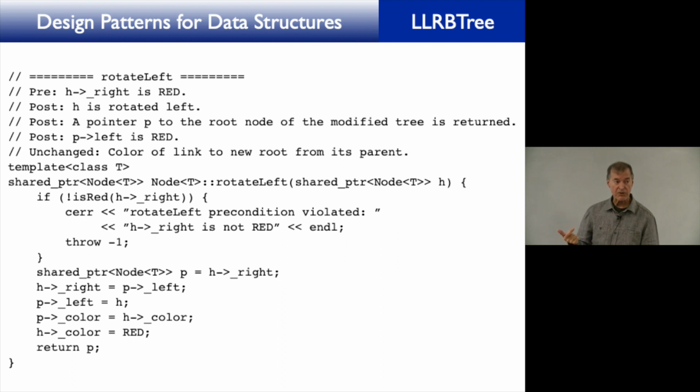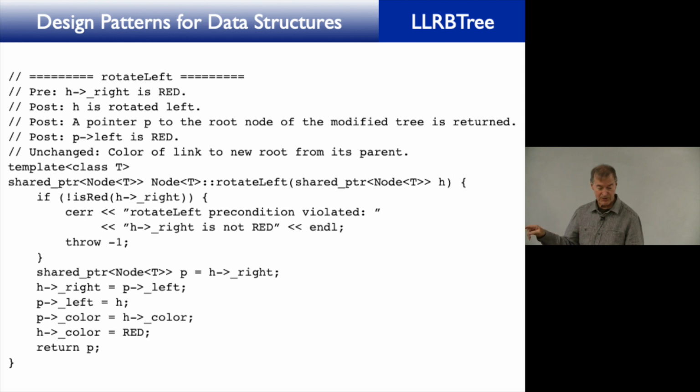These functions are going to return pointers. We haven't used this style of linked data structures before, where methods return pointers. Because they return pointers, the calling one assigns that pointer to something. Now this is a big idea. You're going to have to understand this to understand the code. So the postcondition is a pointer P to the root node of the modified tree is returned.